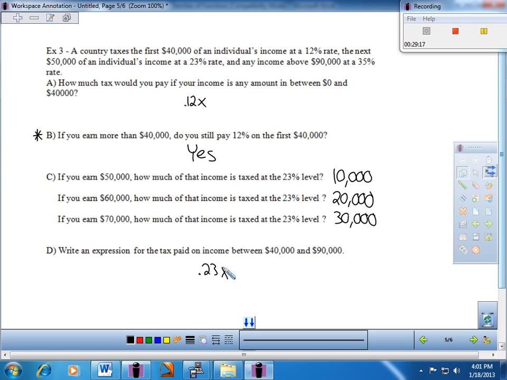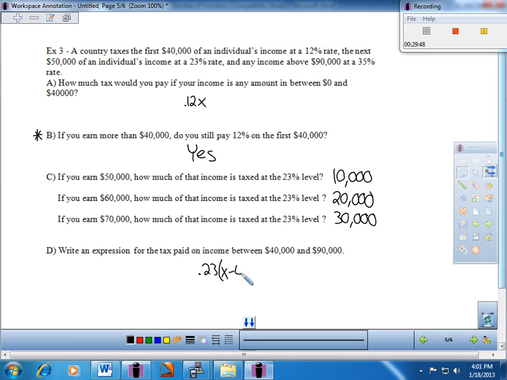So think about the calculation that you did. If this is X, if this is your income, what did you do to figure out how much is taxed at the 23% level? Well, 50,000 minus 40,000 is this. 60,000 minus 40,000 is this. 70,000 minus 40,000 is this.